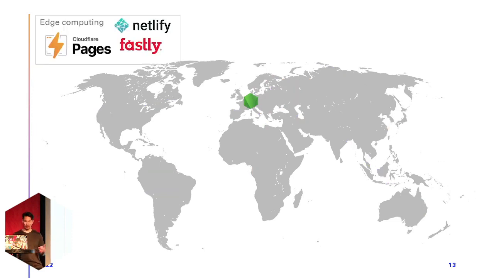And going a bit further on this line of innovation, there's a more recent trend of edge computing. And this is conceptually quite similar to that Jamstack thing, but now instead of just putting static files at all these servers around the world, what if we could actually ship your app code to execute on those servers all around the world?